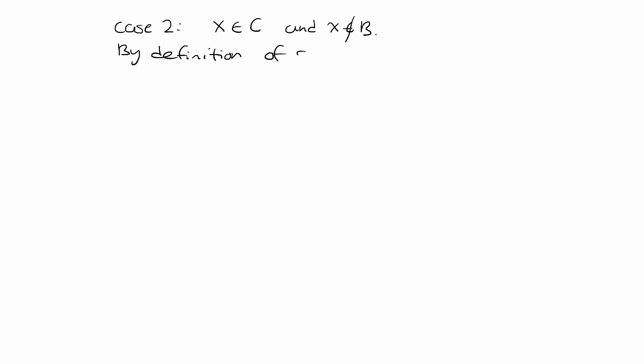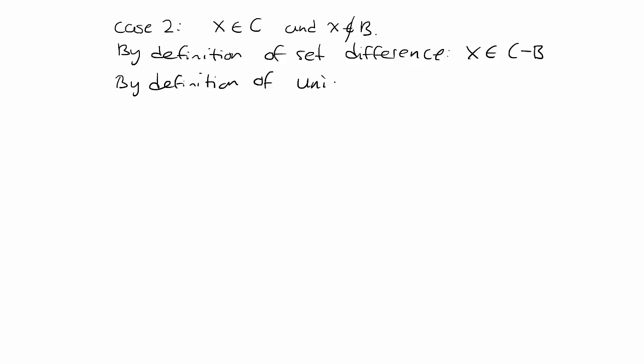Now we're going to do case 2 in part 2. So case 2, X is in C and X is not in B. By definition of set difference, X is an element of the set difference between C and B. By definition of union, X is an element in C minus B, union the difference between A and B. So we're doing a similar technique as earlier, right?